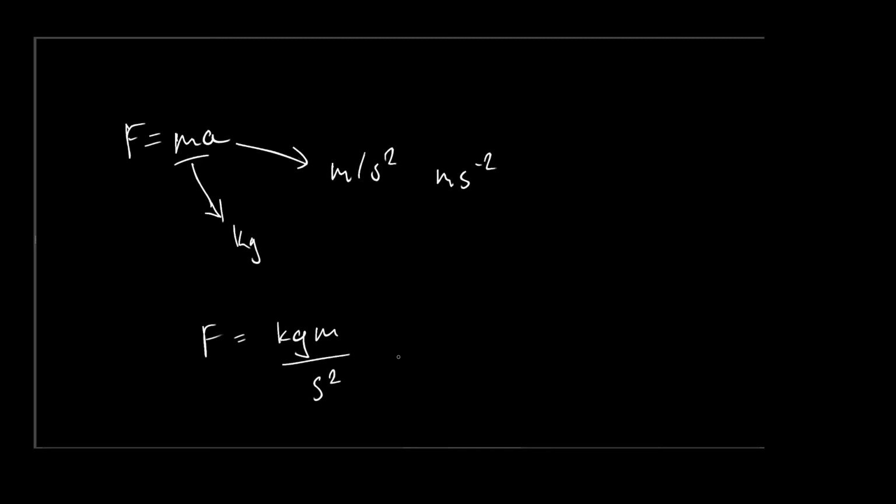But this is kind of long and hard to say, also kind of hard to remember. So we shorten it down to newtons, which is written as a capital N. And it's named after the guy who figured it out.